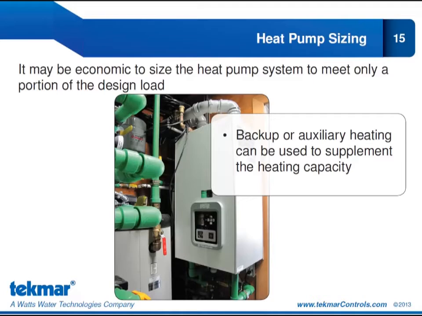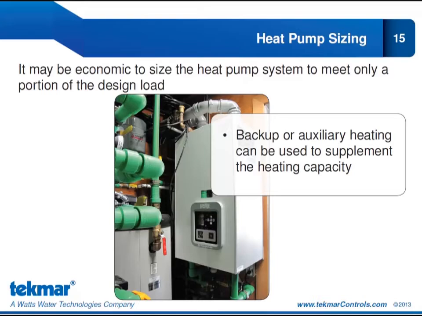Now, the reason we don't want to size it to meet 100% of the load is an economic factor. The larger we size our heat pump, the larger we have to design our ground loop heat exchanger. And the ground loop heat exchanger is, as we've said a couple times now, 30 to 50% of the total system cost. So it may not be in our economic best interests to size that ground heat exchanger and the heat pump to meet 100% of the load.